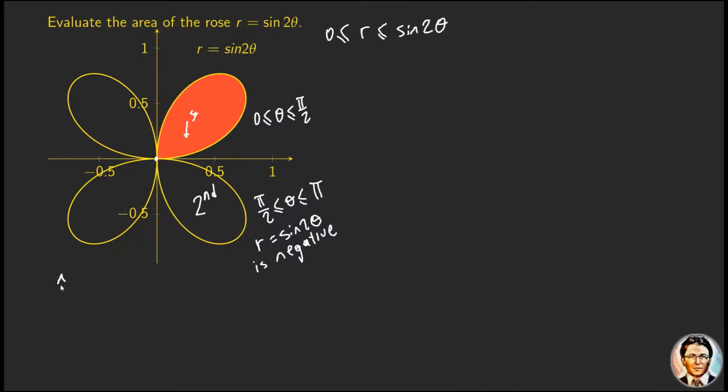So if you calculate from 0 to π, the result will be 0, because sin 2θ will have a graph just like sin x. This is π/4, sorry.